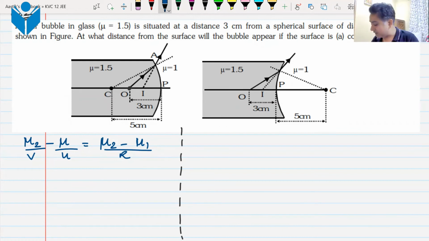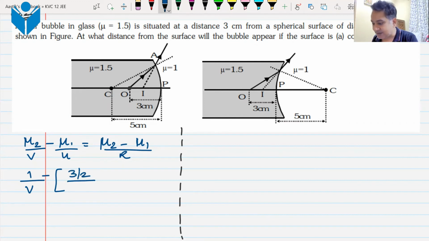Mu2 is the refracted medium, so it has to be air. So mu2 is 1 divided by v minus the incident medium. What is the incident medium? Incident medium is the glass. The refractive index of glass is given as 3 by 2. So I'll write it as 3 by 2 divided by u, the object distance from the pole.